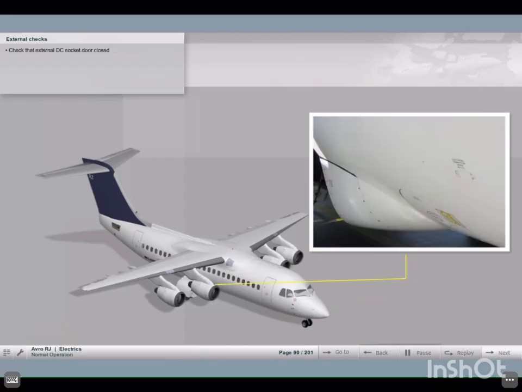Check that the external DC socket door is securely closed.